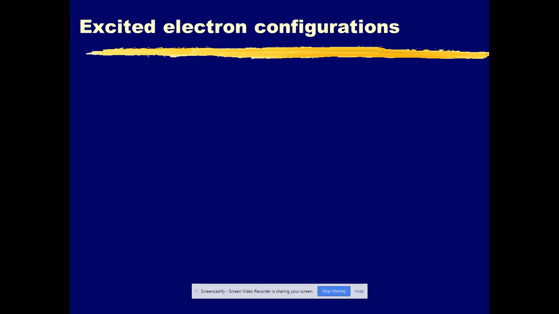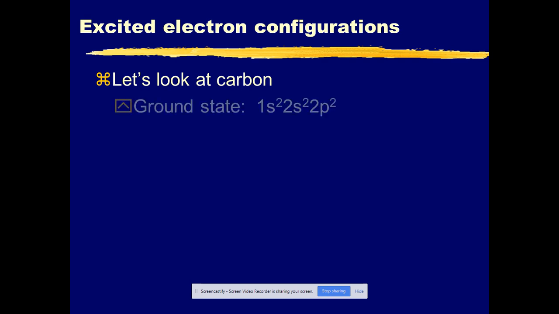I also just want to make sure you understand what an excited electron configuration looks like. So, for example, carbon, we have two different states that carbon could be in. One is called the ground state. That's always the lowest energy state. And so to get the ground state electron configuration, you're just going to follow your rules that will tell you what the electron configuration is.